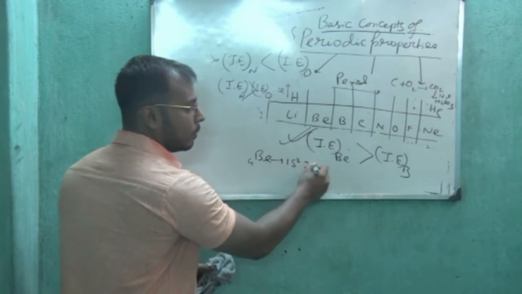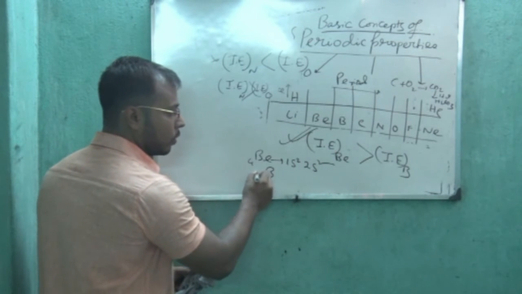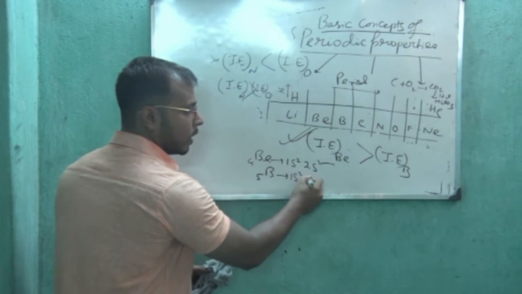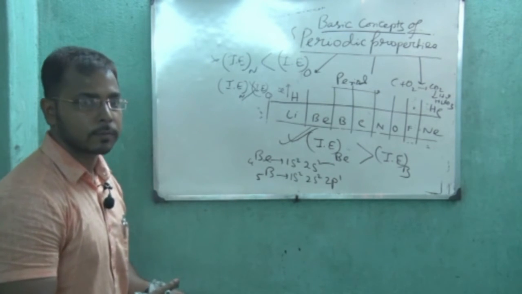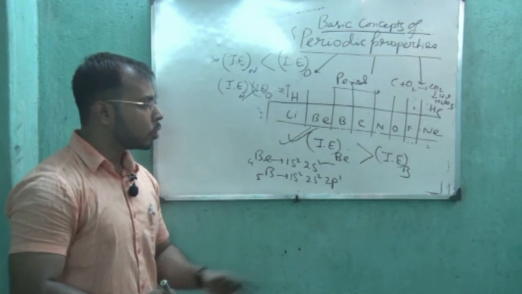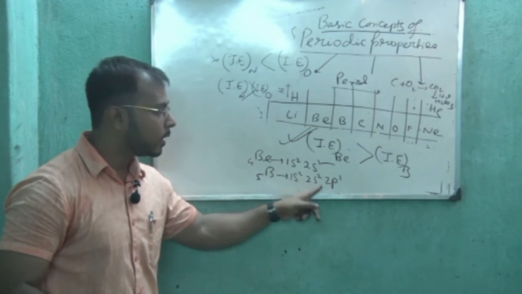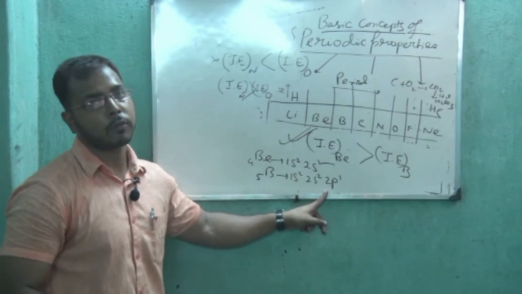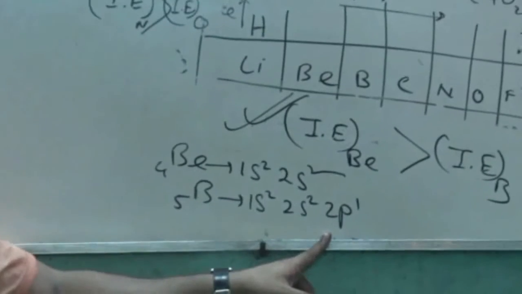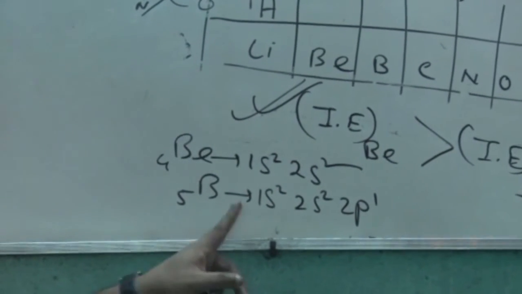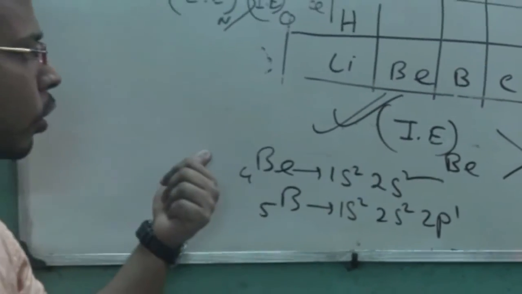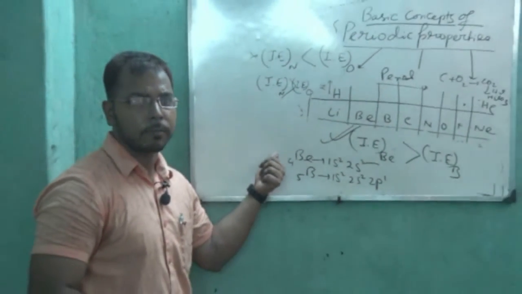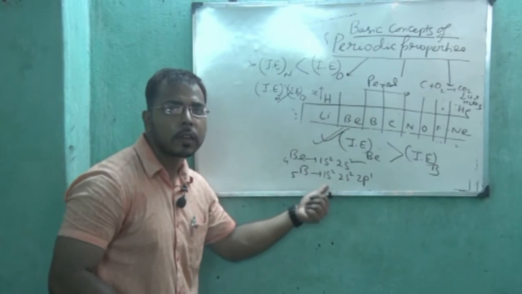Beryllium is 1s2 2s2, boron is 1s2 2s2 2p1. Beryllium is full filled, but boron is neither half filled nor full filled. So boron has a tendency to remove an electron to be like beryllium, as beryllium is full filled.